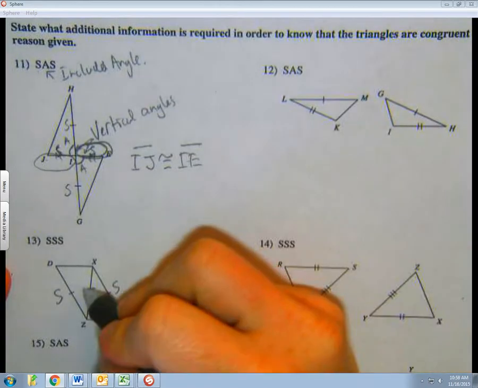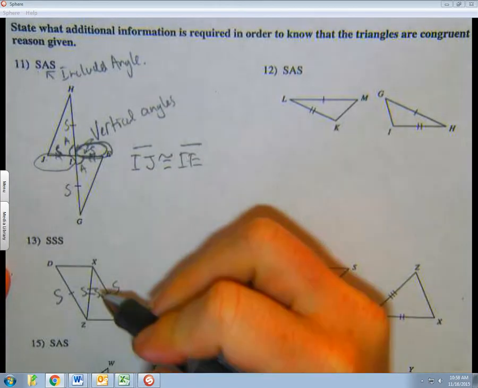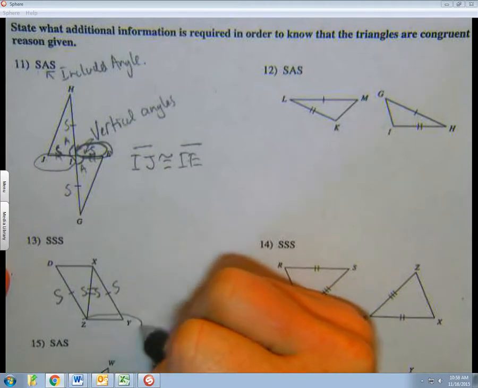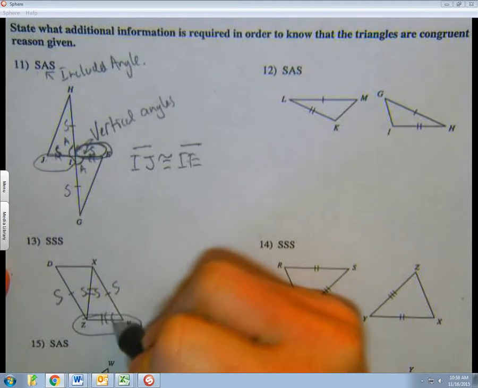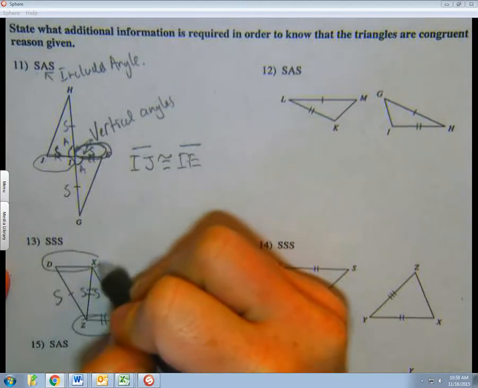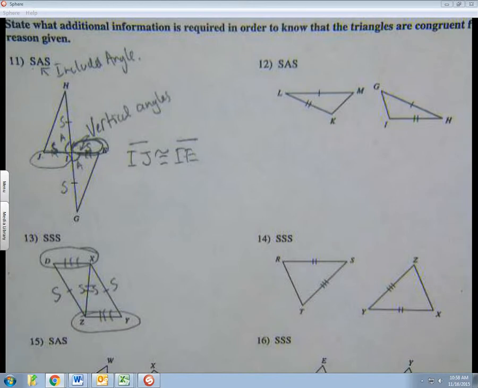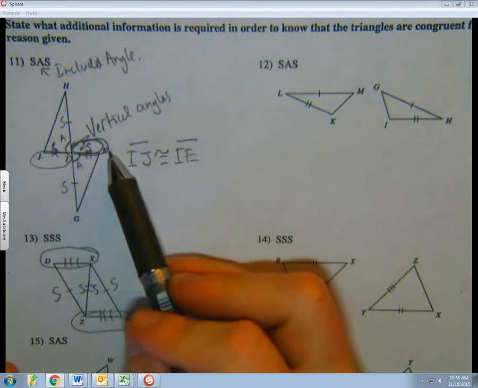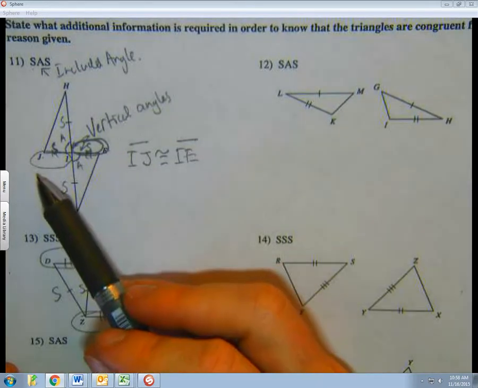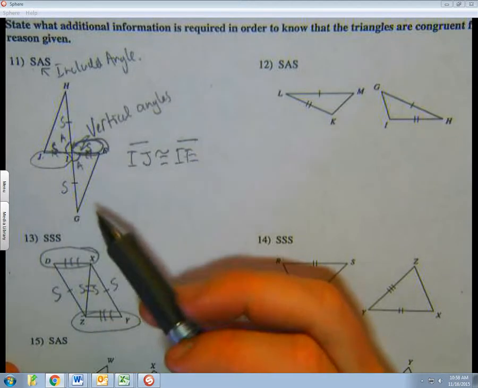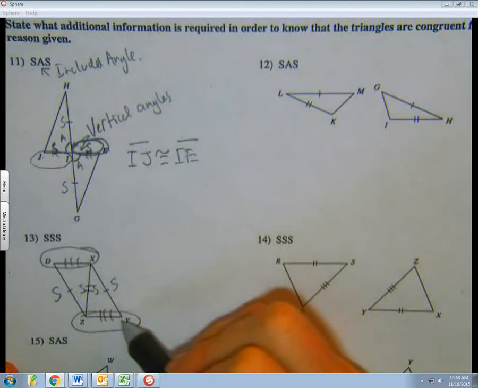What I'm left with is I have to get this side 1, 2, 3 to be this side 1, 2, 3, because then I will have all three sides. So order is important here. I start at the middle in each and work out. You can start from the outside and work in. It doesn't matter as long as they correspond.